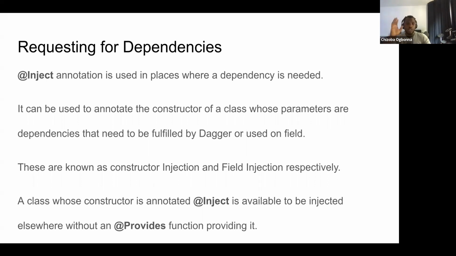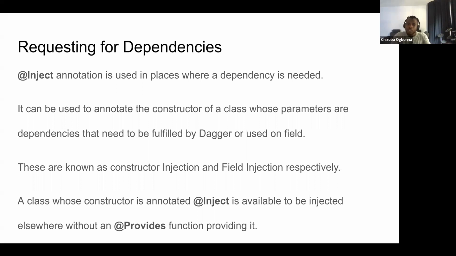But we should also understand that if you annotate the constructor of a class with @Inject, and the constructor requires some parameters, those parameters must be injectable. Dagger must know how to supply those parameters. So you can't just skip your @Provides and come to your class, annotate it with @Inject, and expect Dagger to be able to inject it.